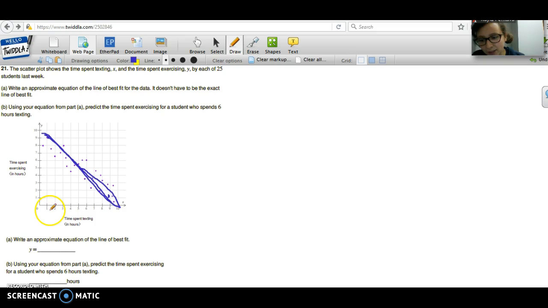So I have a point on my line of best fit at about (1, 9). I have another point on my line of best fit at about (9.5, 1.5).